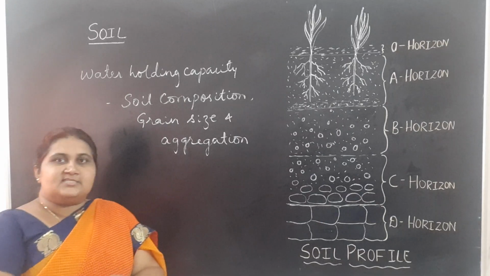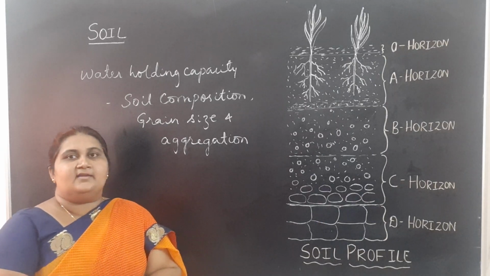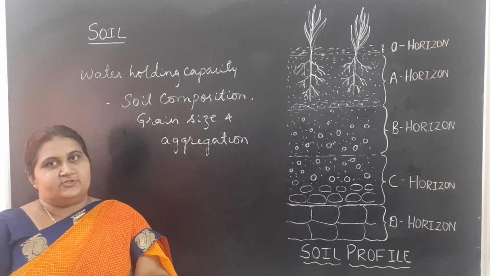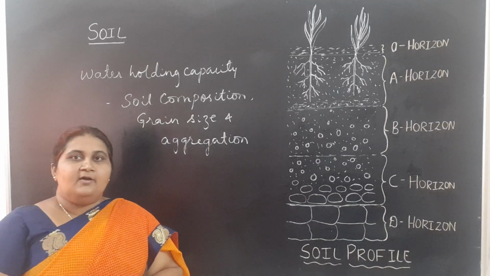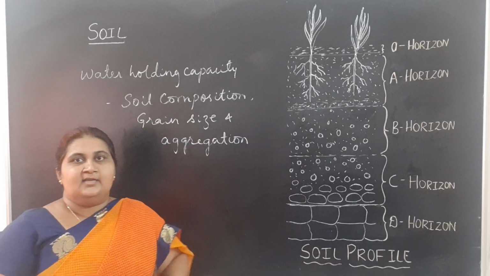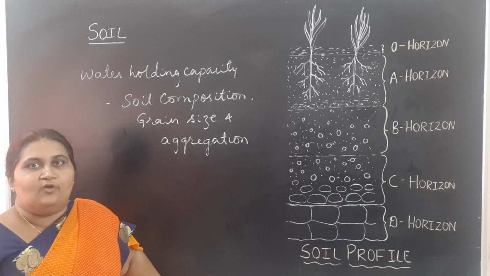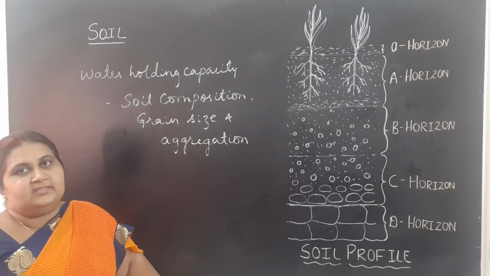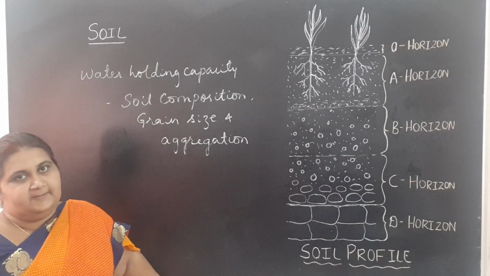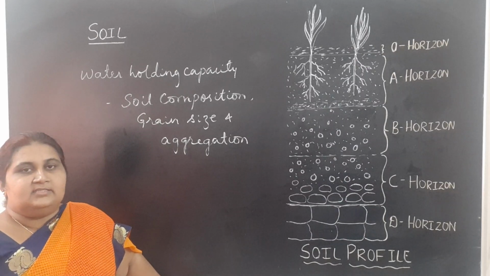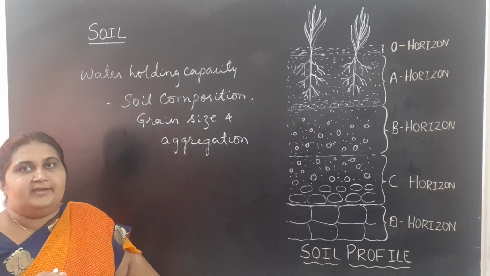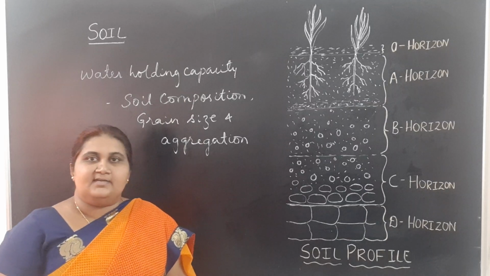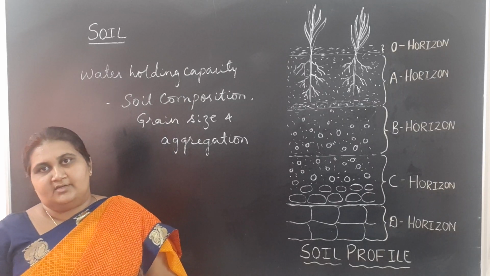Now you have to understand what is meant by water holding capacity of a soil. It is the ability of the soil to retain water after the movement of gravitational water.